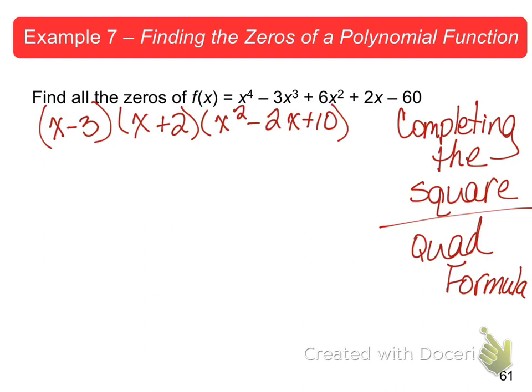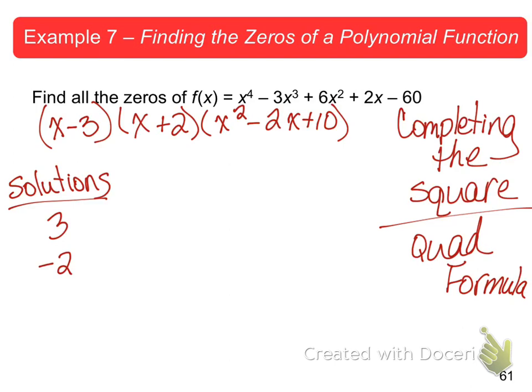Now, x minus 3 and x plus 2 give me 3 and negative 2 as solutions. x minus 3 and x plus 2 are the factors, but the solutions are 3 and negative 2.